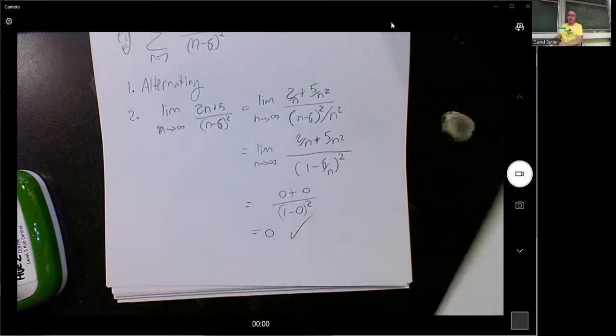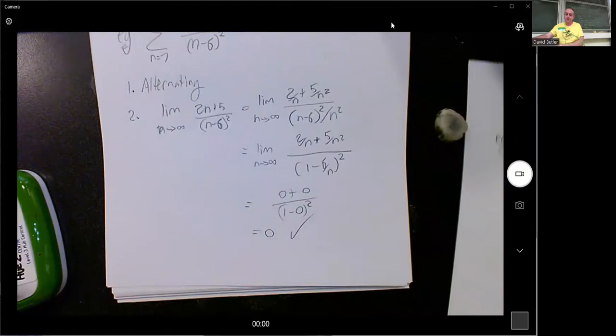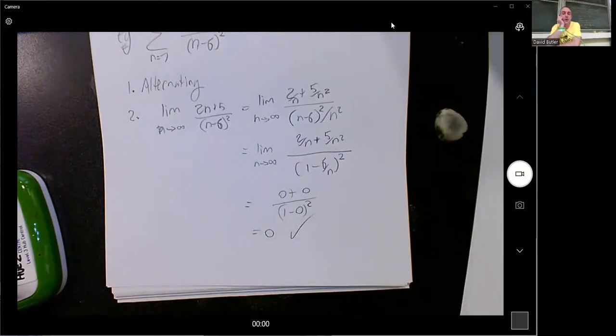And then I need to be sure that it's strictly decreasing. So as n gets bigger, does the answer get smaller?